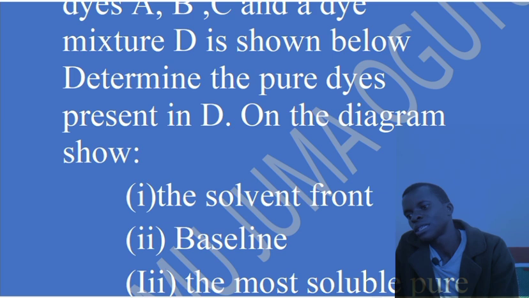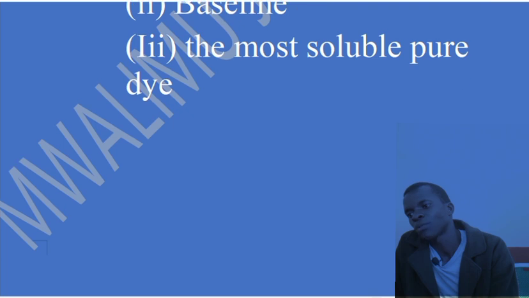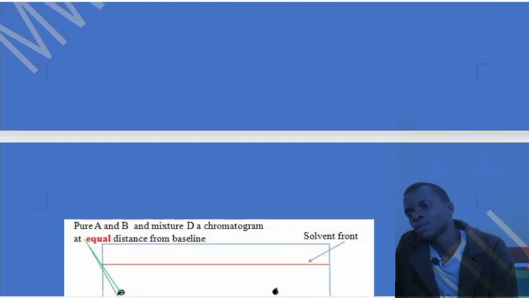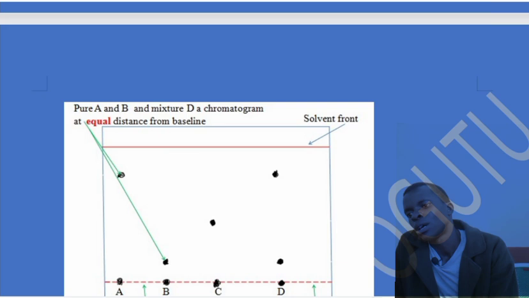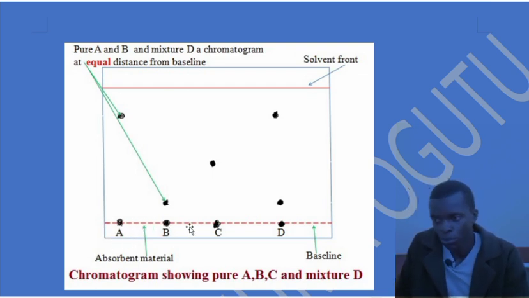So you can see that you have A, then you have B, then you have C. D has two different spots, meaning that it is not pure. So the chromatography shows A, B, C, and a mixture D. A, B, C are pure, then the mixture D.